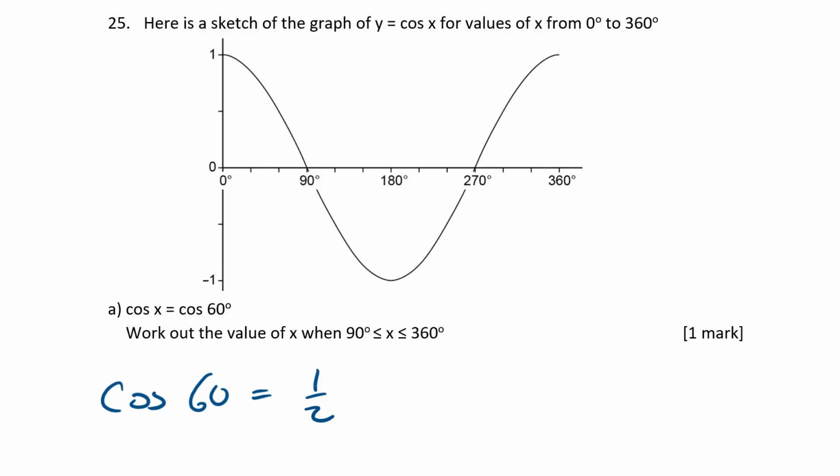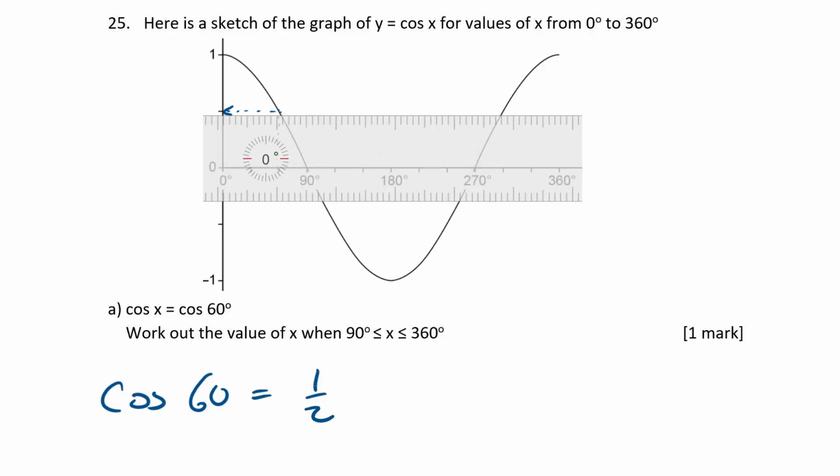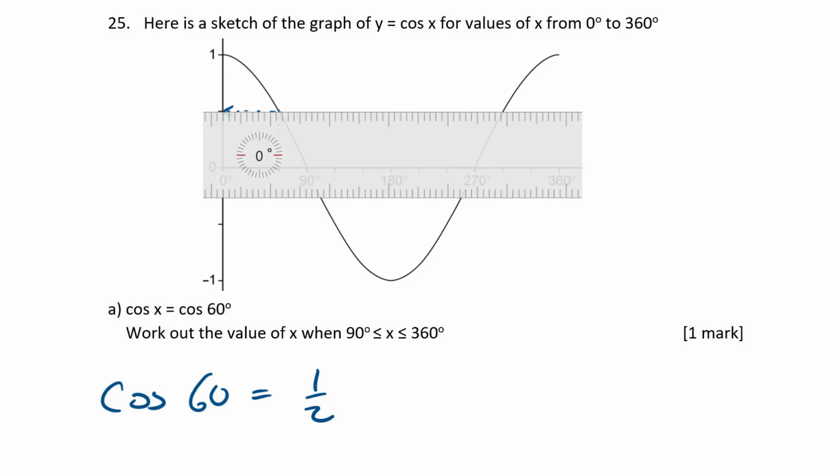So if I'm at 60, then the cos of 60 is a half. There, look. Now if I put on my ruler at a half, and read across, you'll see that there's more than one value that has a cosine that ends up being a half.